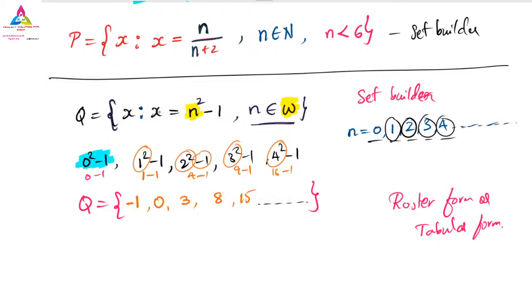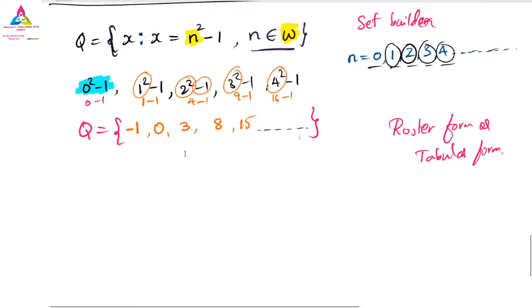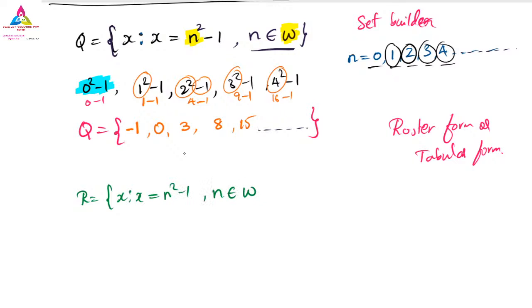This is most important. If in the question, in the set Q that they have given, instead of that, if I take R equals x such that x is equal to n square minus 1, where n belongs to W, and next in the question they have given n is less than 6, or n is less than 5, then the n value is 4.